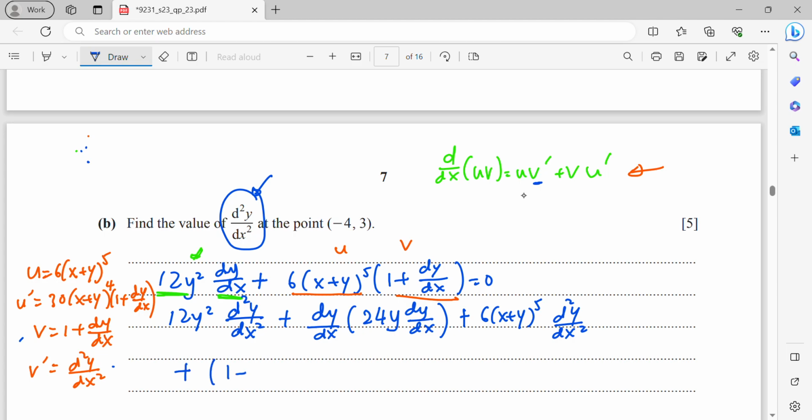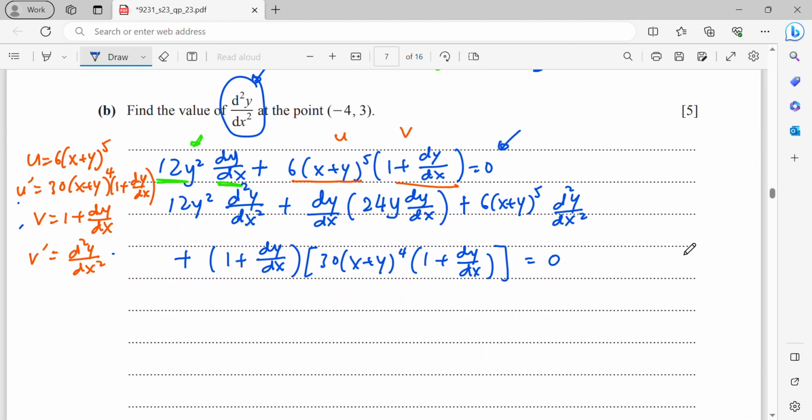So it will be 1 + dy/dx, then u', multiply with 30, then (x+y)^4, multiply with (1 + dy/dx). Okay, right hand side equals to 0. So when I differentiate, I still get 0. Now, this is my second derivative.